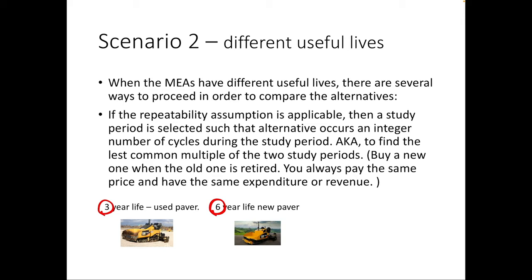So if this repeatability assumption is applicable, then the study period is selected such that each alternative occurs an integer number of cycles during the study period. Which means you are going to find a study period which is the least common multiple of the two useful lives.